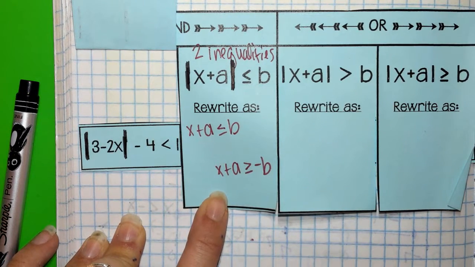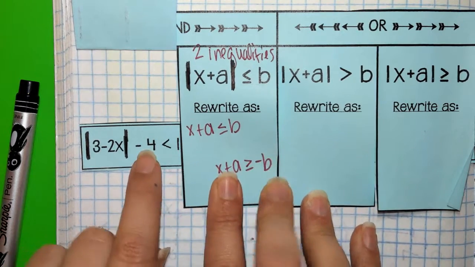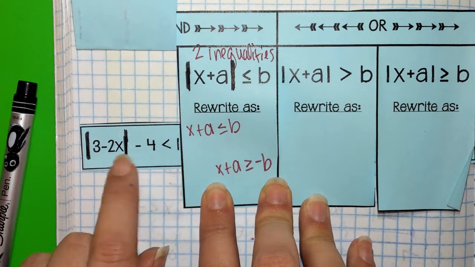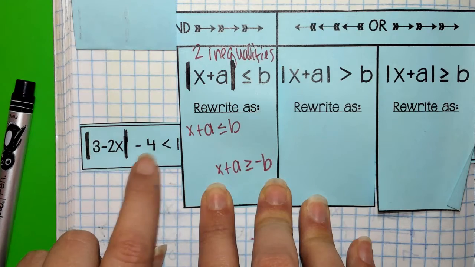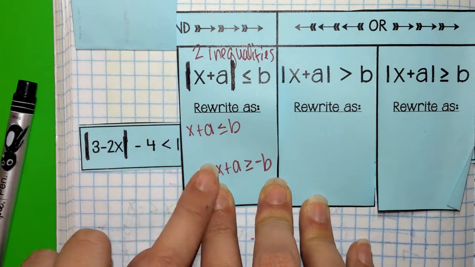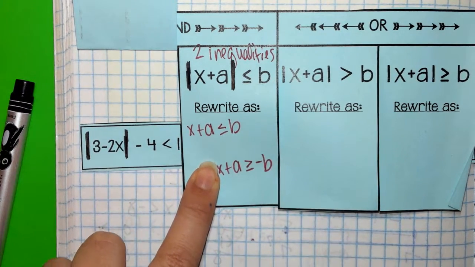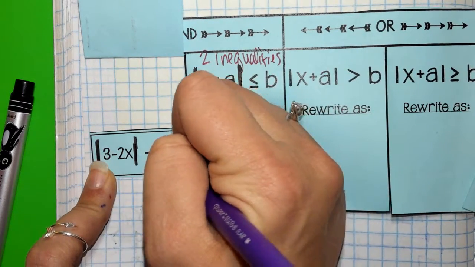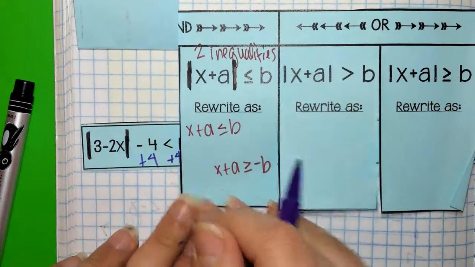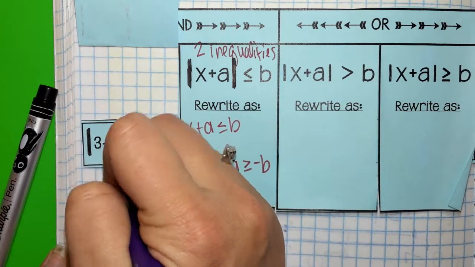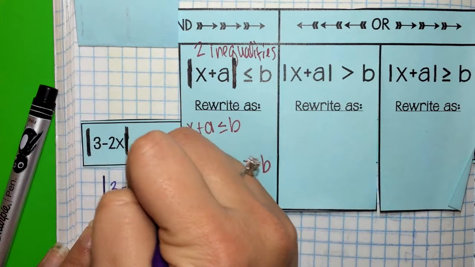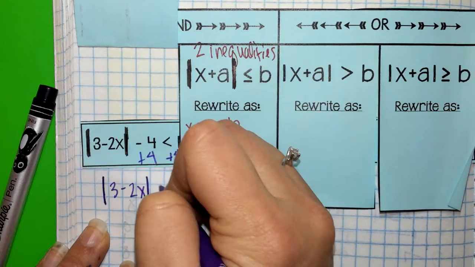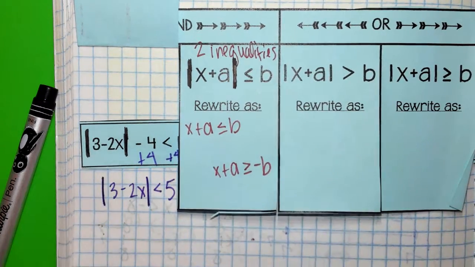Isolate. Okay, so is our absolute value expression by itself over here? No, we have to get rid of this minus 4. So how would we do that? All right, so everybody add 4 to both sides. And then we have the absolute value of 3 minus 2x is less than 5.